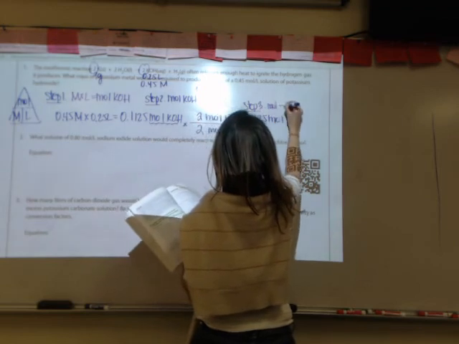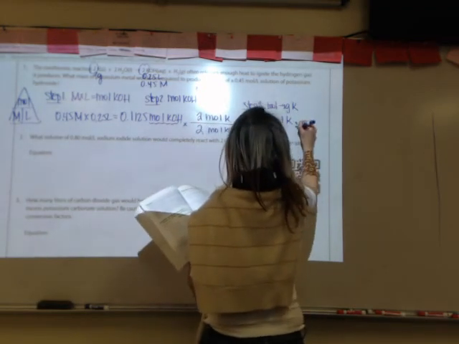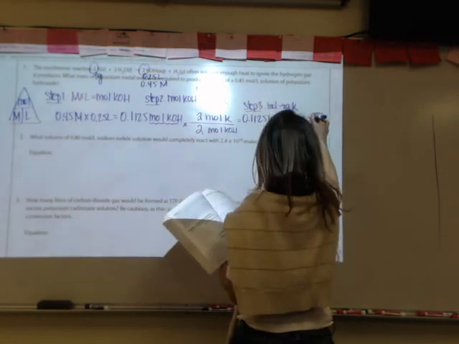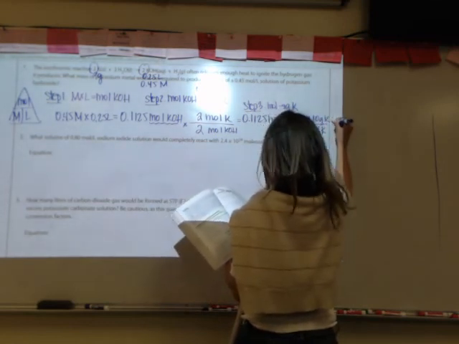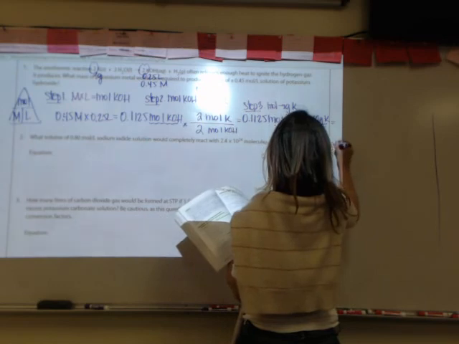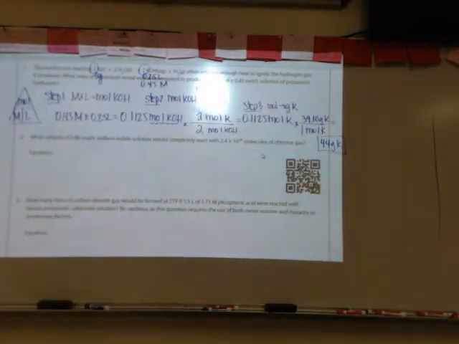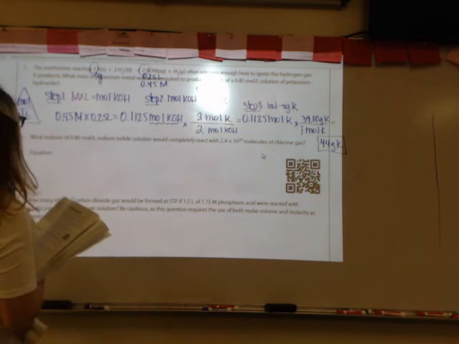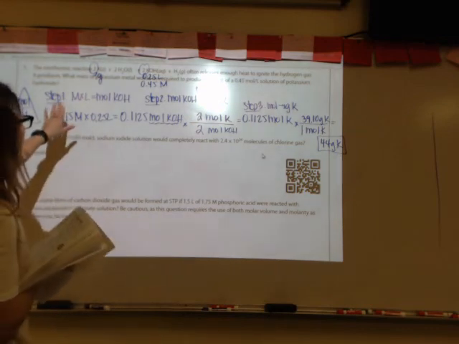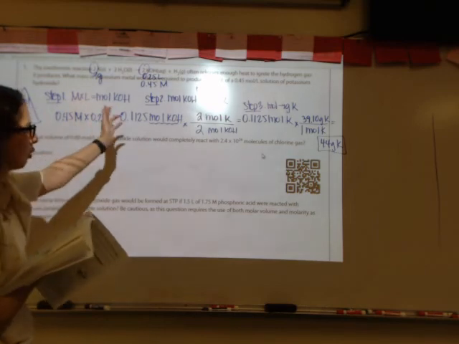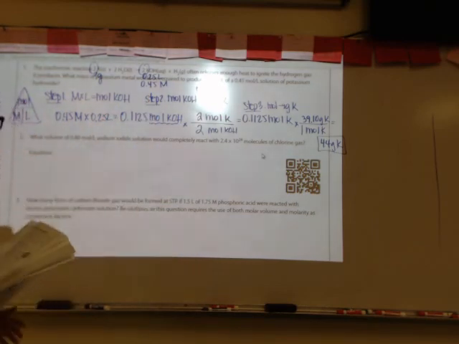So moles to grams of potassium, I'm multiplying by the molar mass, which is 39.10. And that's going to give me 4.4 grams of potassium. You can do that all out in one long step if you would like. This is a special type of problem where you're given molarity and liters and you multiply them to get moles, and then you use your coefficients and then go to mass.